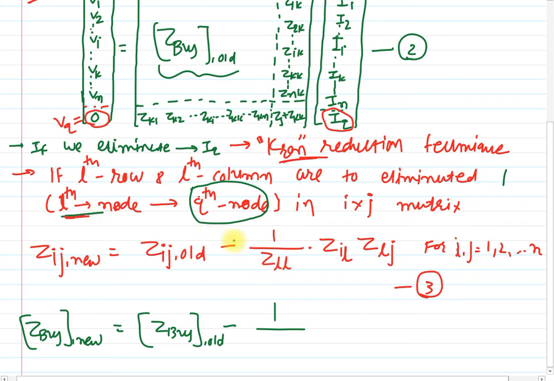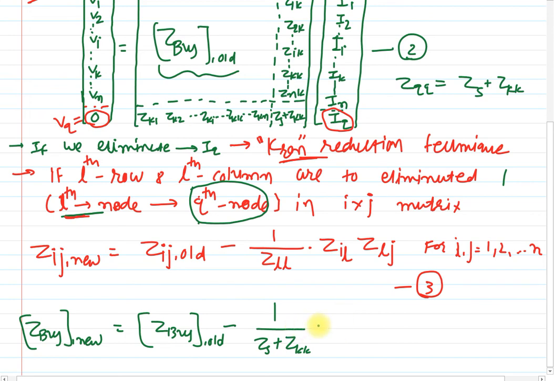Here we have considered the qth node, so I can write ZQQ, the diagonal element of the qth bus, which is Zs plus Zkk.